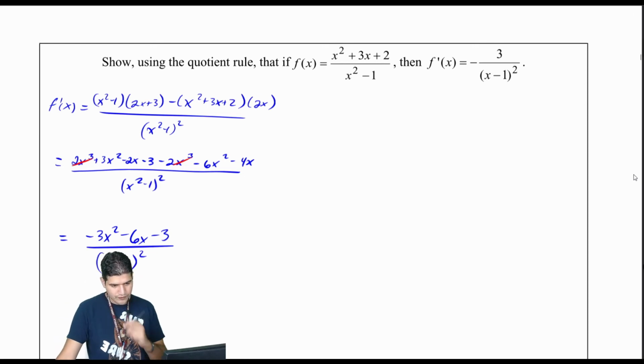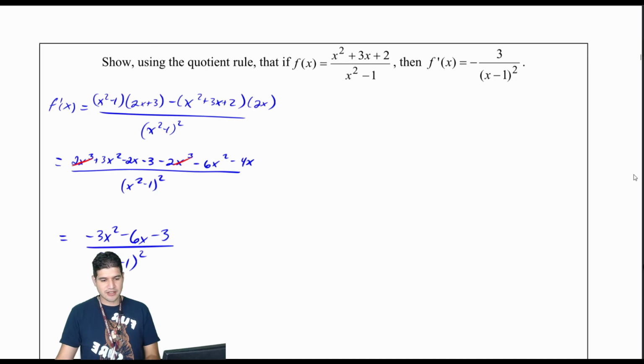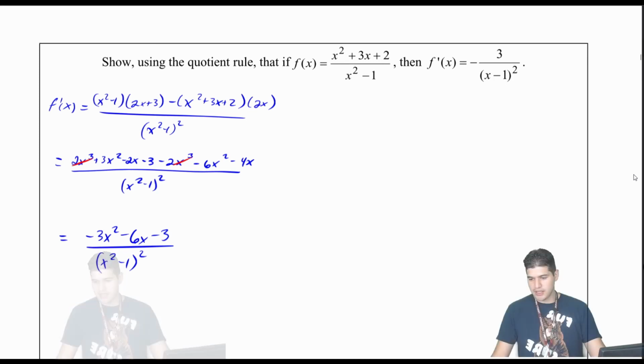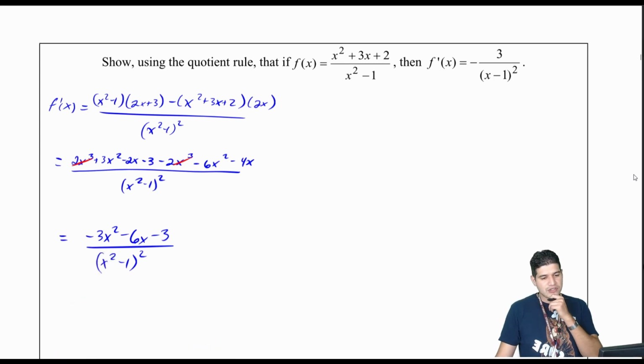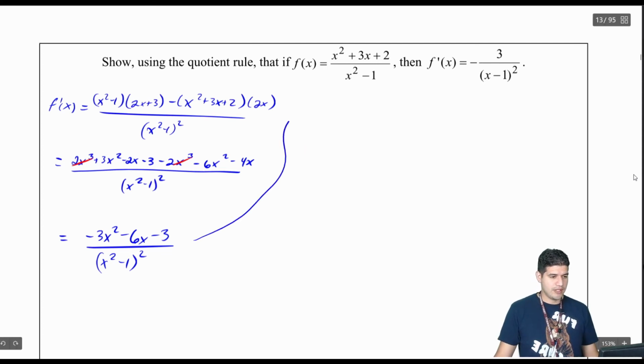Okay. So what I notice here is that I can factor out the negative 3 from that numerator. Let me bring that right over there. And let me do exactly that.